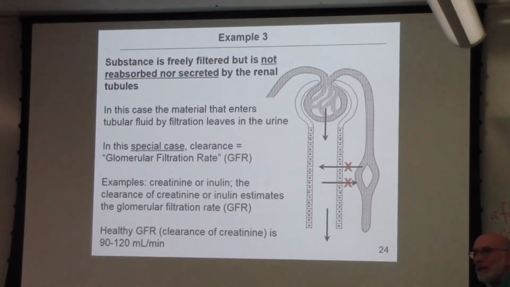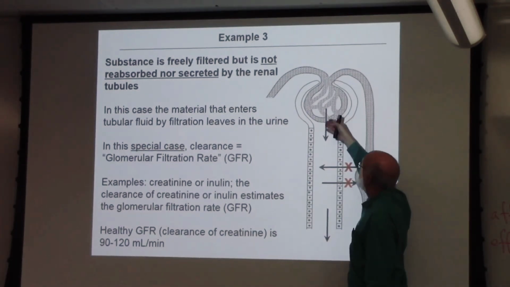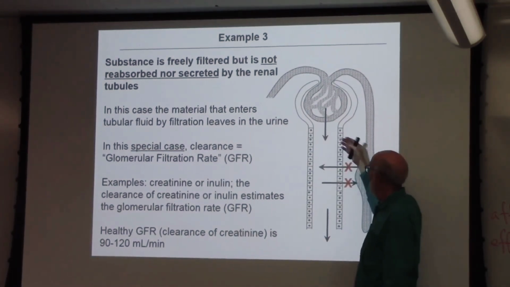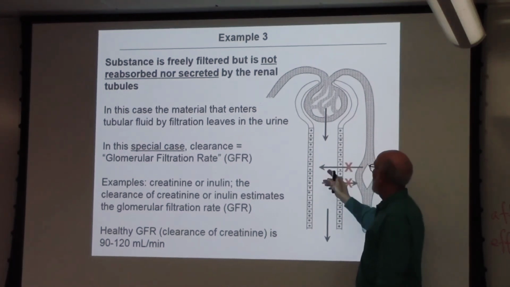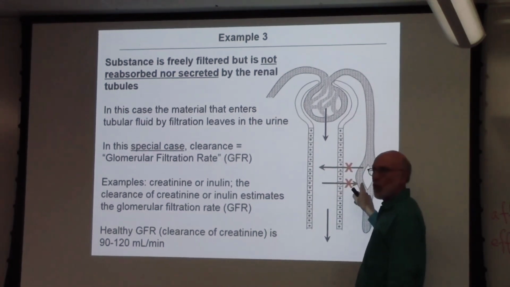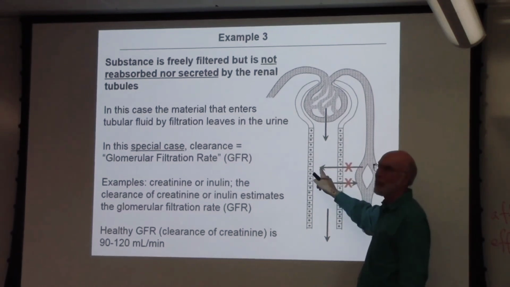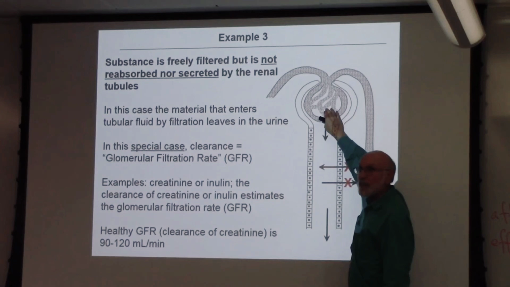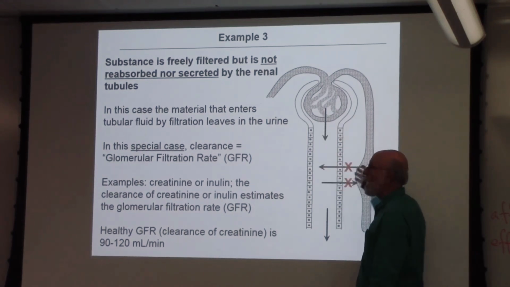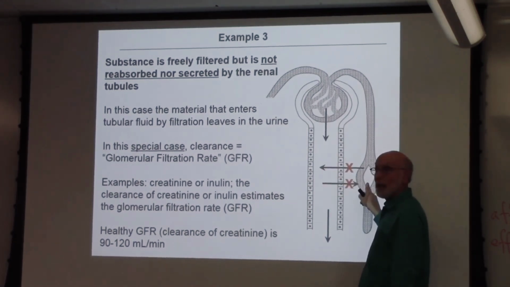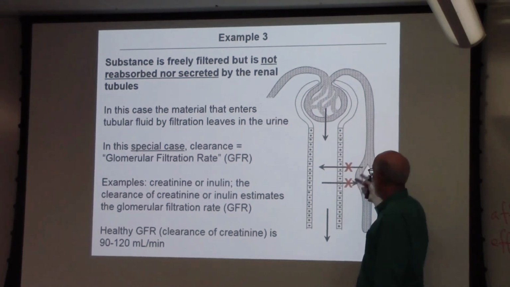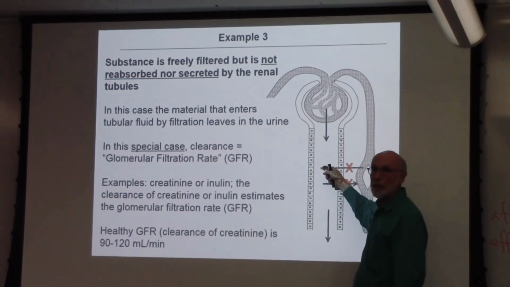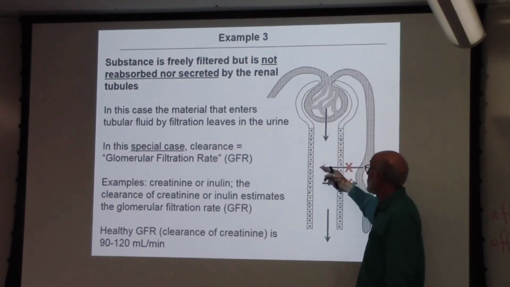Okay, so now let's get into sort of a generic state. A substance that is freely filtered, but it is not reabsorbed, nor is it secreted. Let's do that again. The substance is freely filtered, but it is not reabsorbed by the tubules and the capillaries, and it is not secreted by the capillaries.